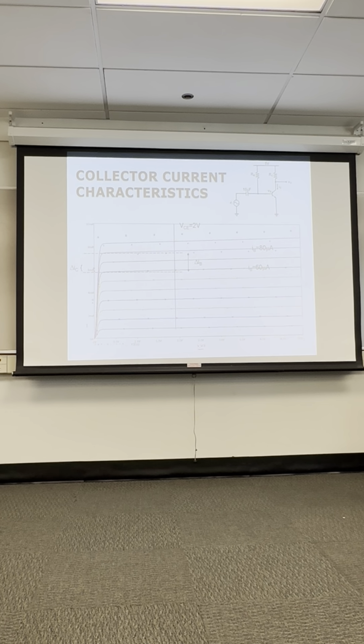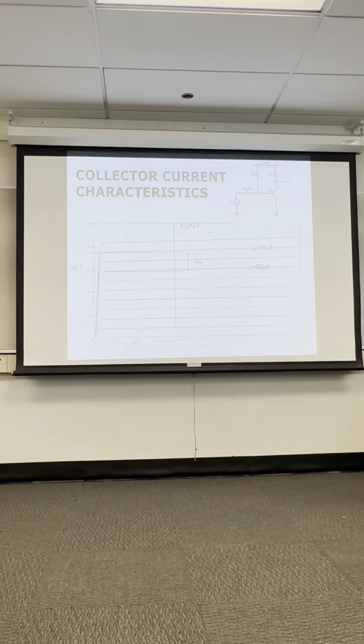If you're designing an operating point, you will have these curves. So you select a collector emitter voltage. Let's say we select 2 volts here, and then we draw a line up and intersect with this 60 microamp base current, so we're going to get 6 milliamps of current.